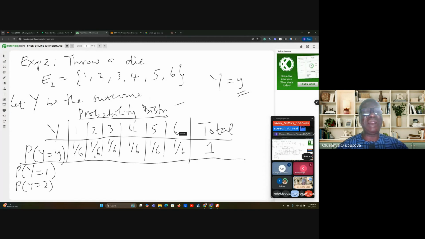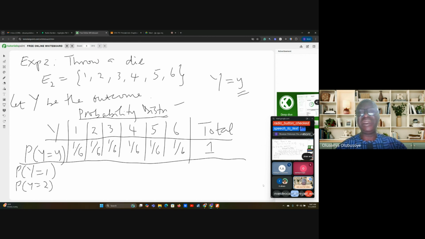And each probability value is, one, non-negative, two, not greater than 1. And then three, the sum of all the probability values is equal to 1. So again, this is a probability distribution table.